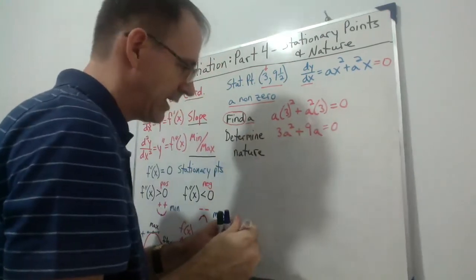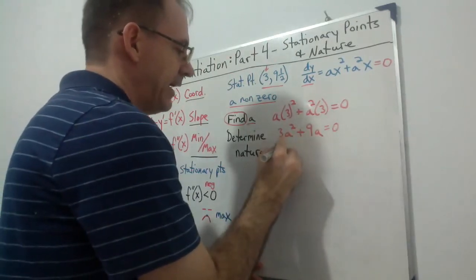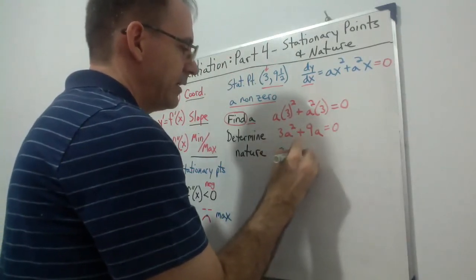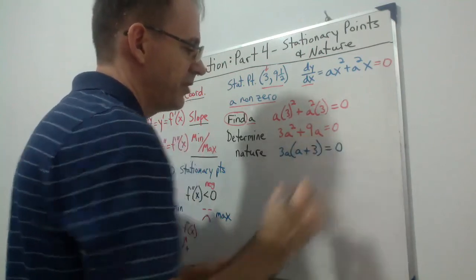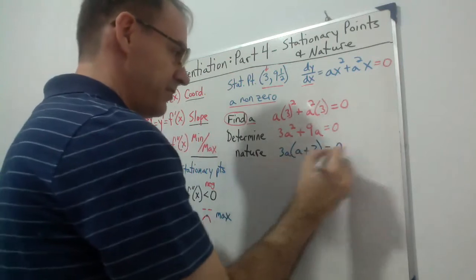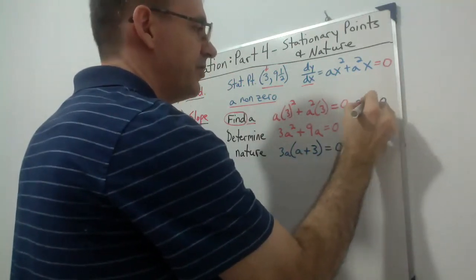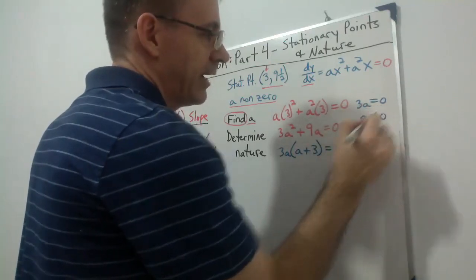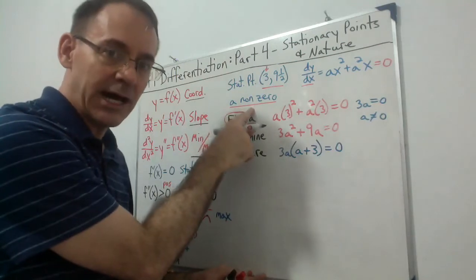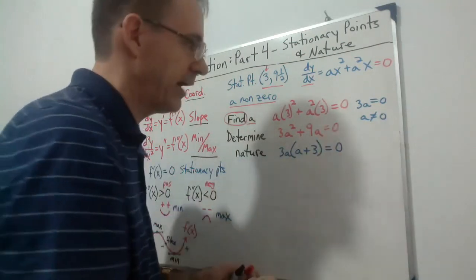This now can factor. So if we take out a 3a, we get a plus 3 equals 0. So that leaves us with either 3a equals 0, which means a would equal 0, and we already see that a is non-zero, so that option is thrown out.